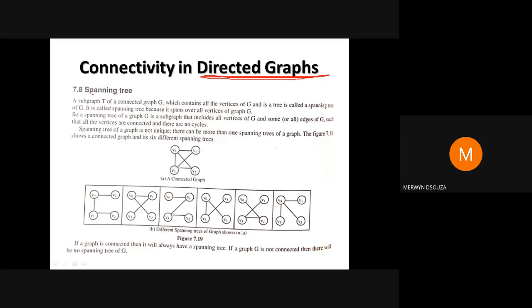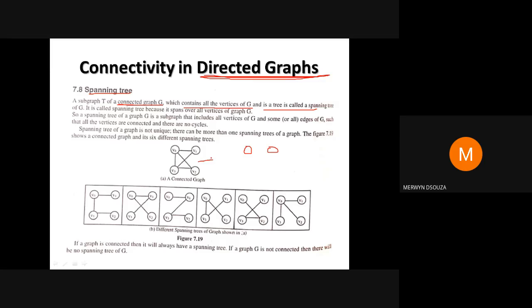The next definition is a spanning tree. It's a subgraph T of a connected graph G, which contains all the vertices of G, and it's a tree. In simple words, first of all, it will contain all the vertices.